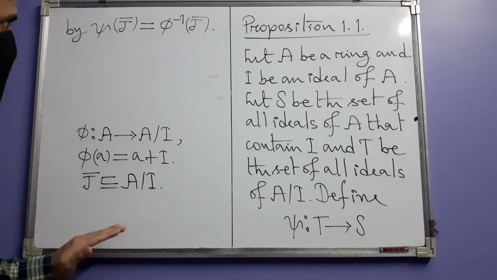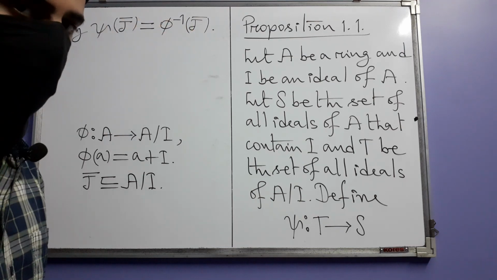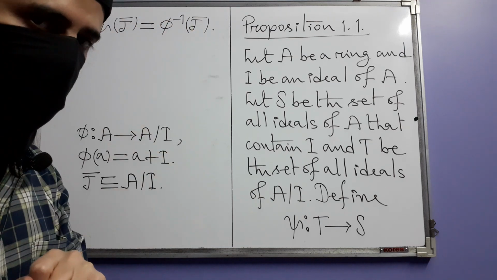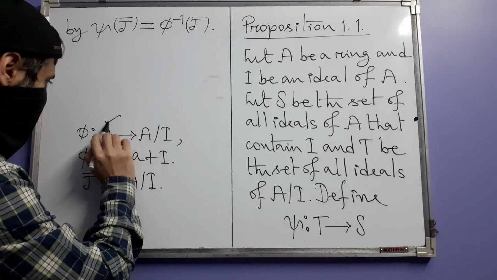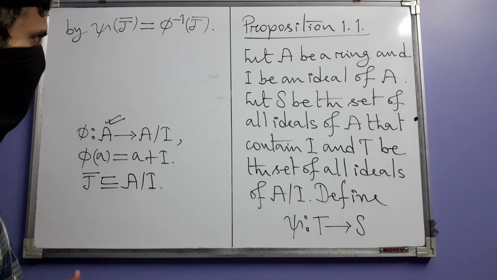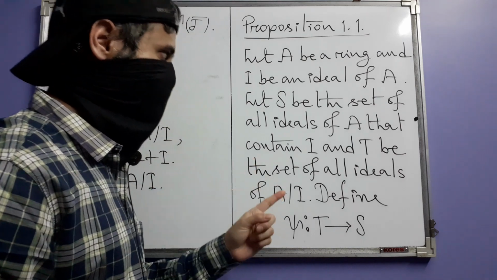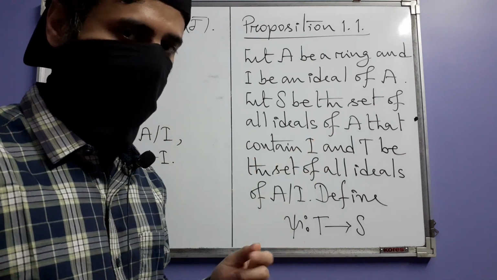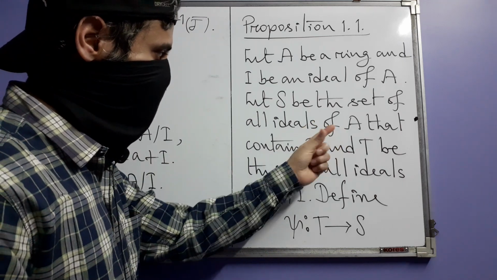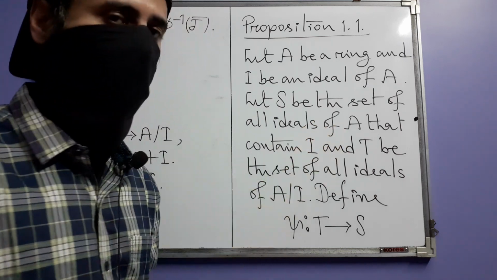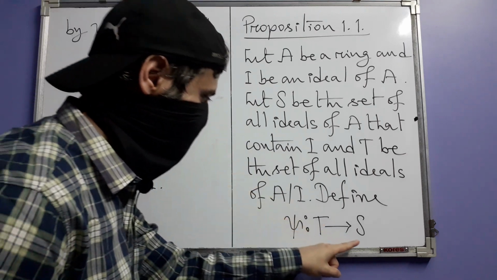So it makes sense to talk about the inverse image of J bar under phi. And what will that be? That will be a subset of A. Actually, it turns out that that is in fact not just a subset of A, but an ideal of A, and that too an ideal which has I inside of it, which means that this is a legitimate element of S.